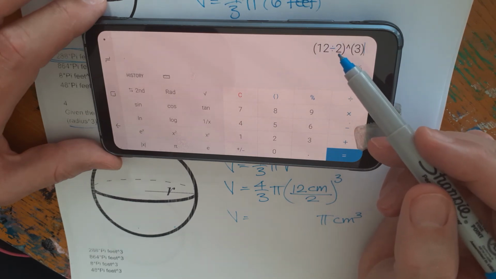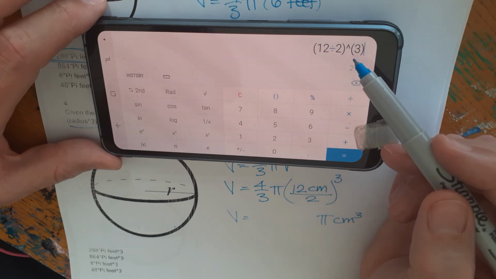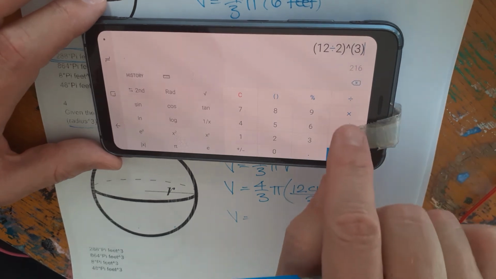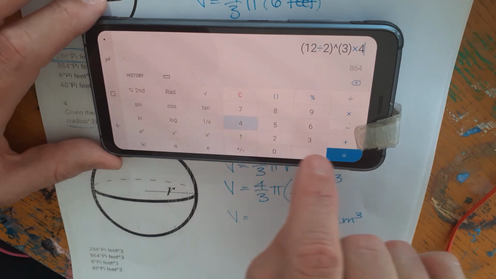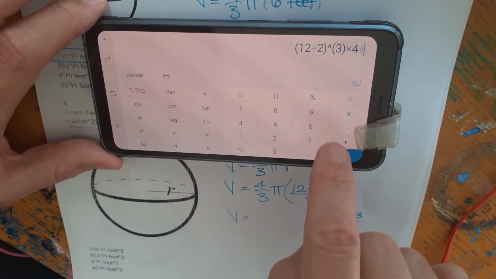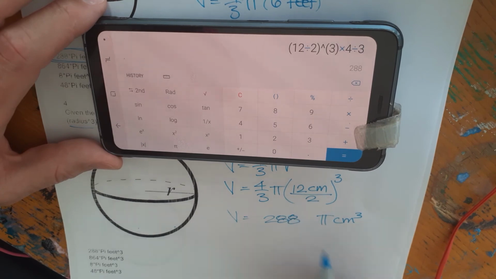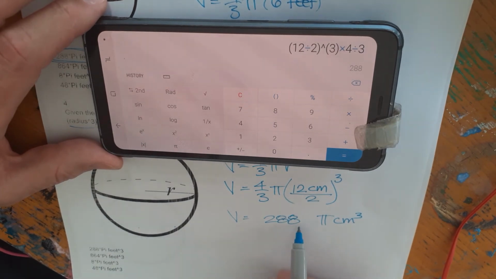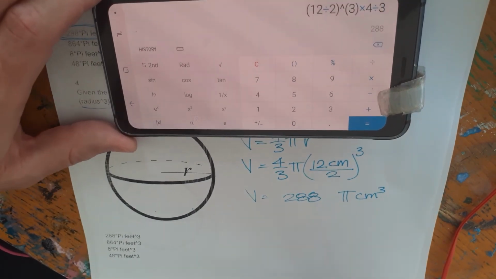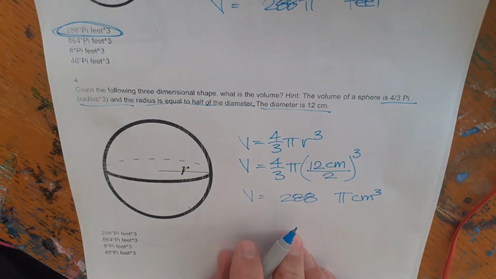I might have to divide it by 2 first, then cube it. I can let the calculator divide it by 2 and cube it all at the same time. I can multiply this by 4 now, and divide this by 3, and I get 288. I know that's right because I already did it on the last calculation. So I get 288 pi centimeters cubed.